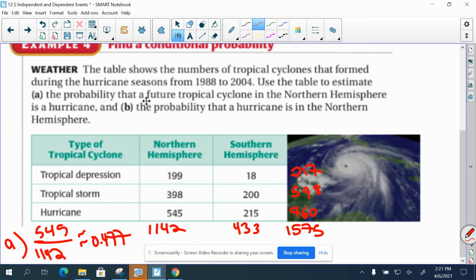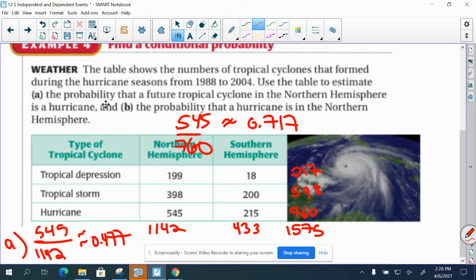So that answers that question. And then the probability that a hurricane is in the northern hemisphere. Out of all of the hurricanes, 760, what's the probability that it's in the northern hemisphere? 545, and that gives us about 0.717. You've got to be careful because A and B sound like they're the same thing, but they're not.